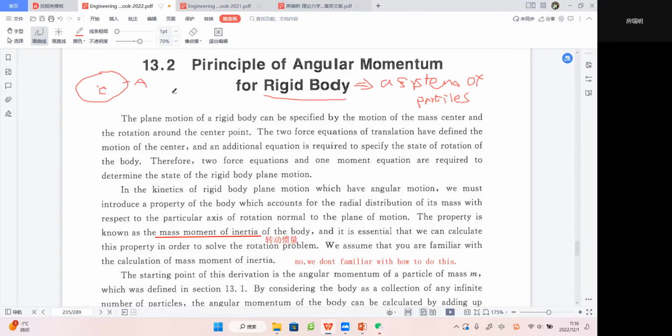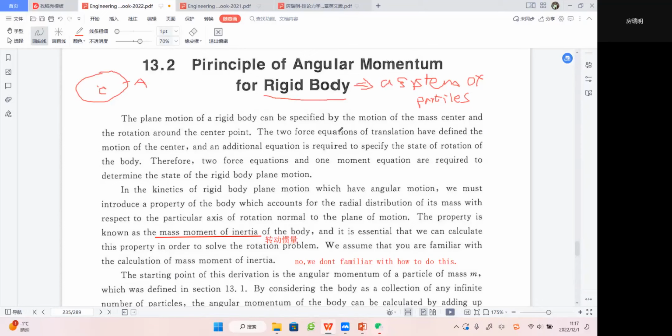One is translation movement along the mass center C. Another motion component is rotation around point C. So that's the whole sentence meaning.